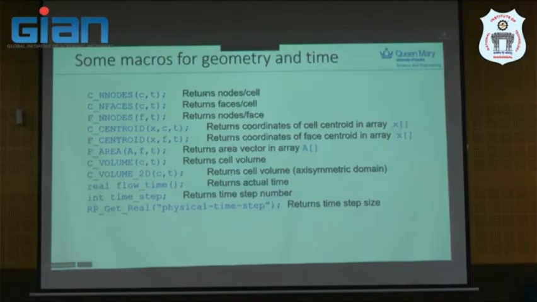And these three are related to time. With this one, we can get the actual time during our simulation. This one returns the time step during our simulation. And this one is the time step size.